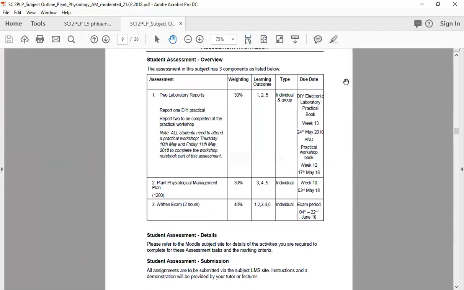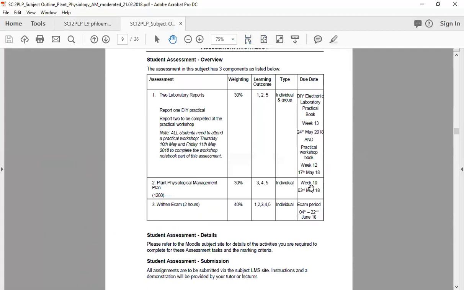Now, before you go, I'd just like to remind everyone that the first assessment due date is coming up, which is the Plant Physiological Management Plan. This is a 1,200 word assessment worth 30%, and it is due in 2 weeks' time.